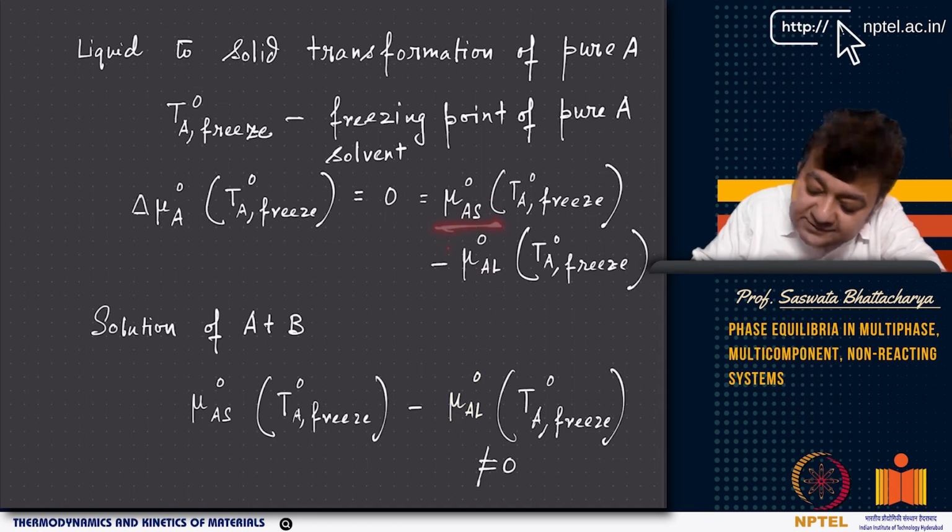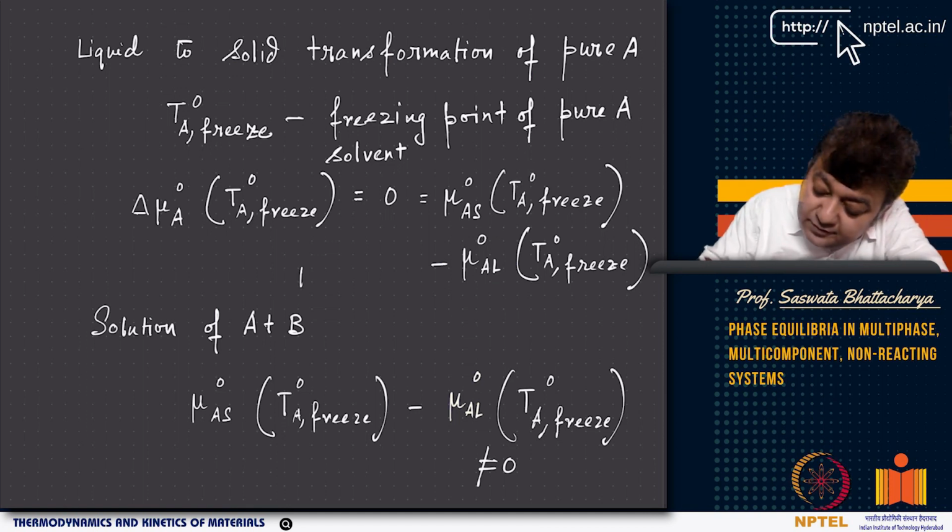Since the solid and liquid are at equilibrium at T A 0 freeze, this is the freezing point. At the freezing point, since the solid and the liquid A are in equilibrium, mu A 0 means this is pure solvent in the solid state, and this is pure solvent in the liquid state. Now, this minus this has to be equal to 0. Why?